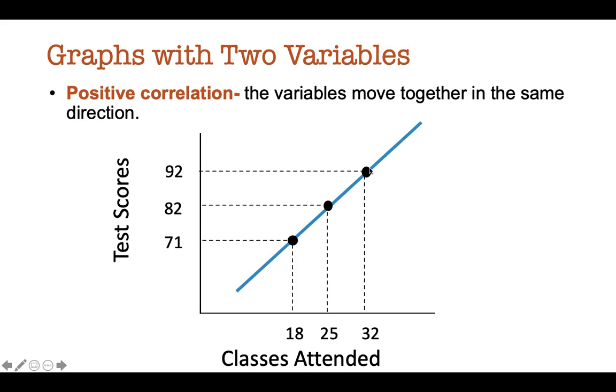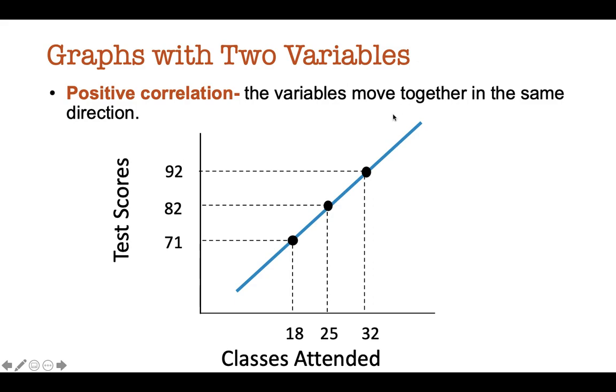But it also works even if I move this direction, right? The variables move together. So if I move from this data point to this data point, I've got this top variable falling by 10, from 92 to 82. And as I go this direction, this variable is falling by 7, from 32 to 25.